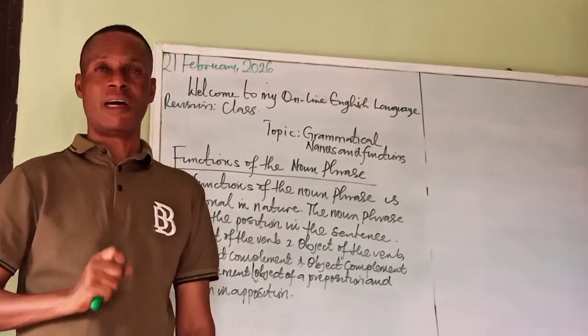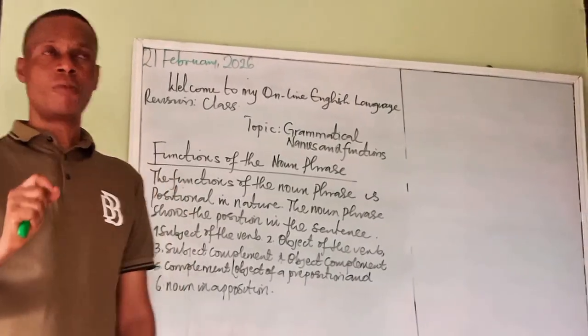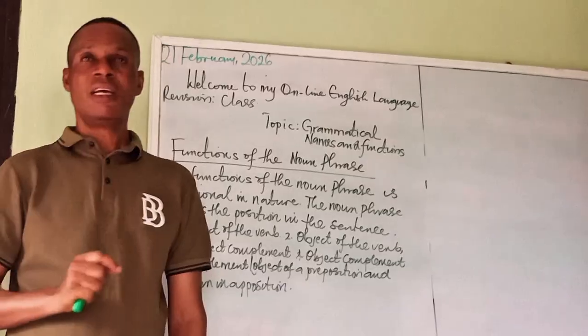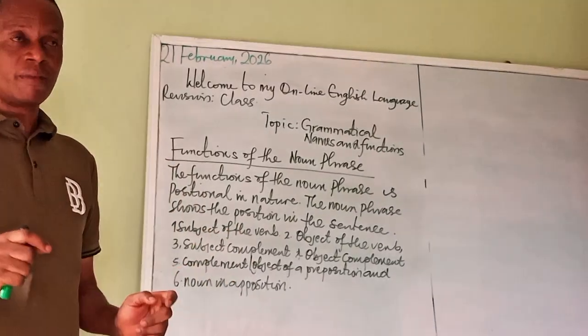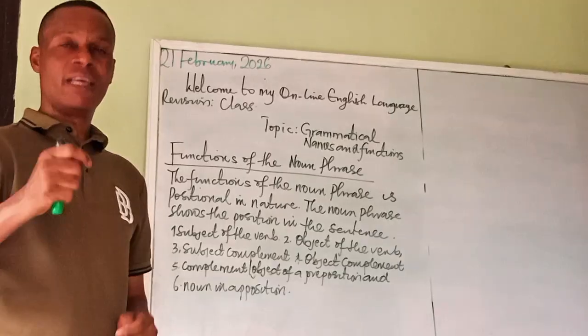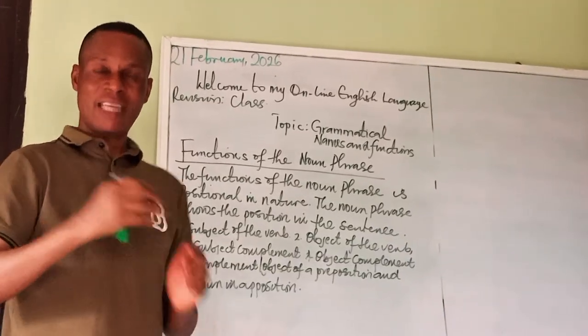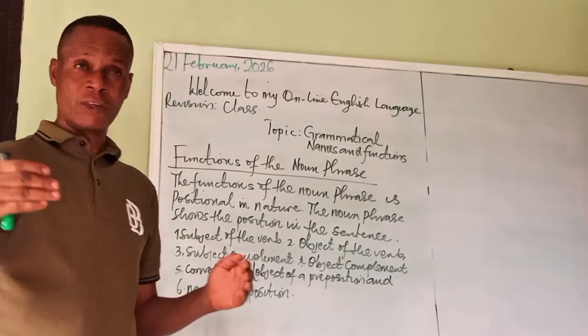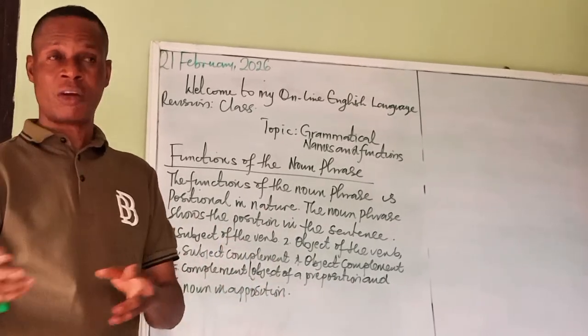And this simply means that when a noun phrase performs the subject of the verb in a sentence, that phrase is actually the one carrying out the action of the verb in that sentence. Don't forget that a phrase is a group of words, whether it's a noun phrase or adjectival phrase or adverbial phrase.